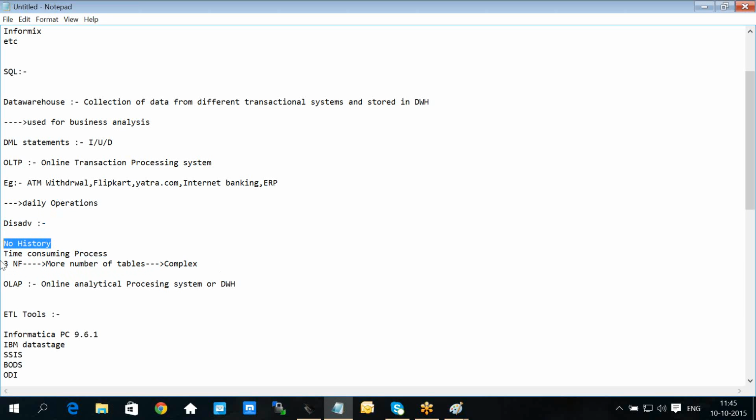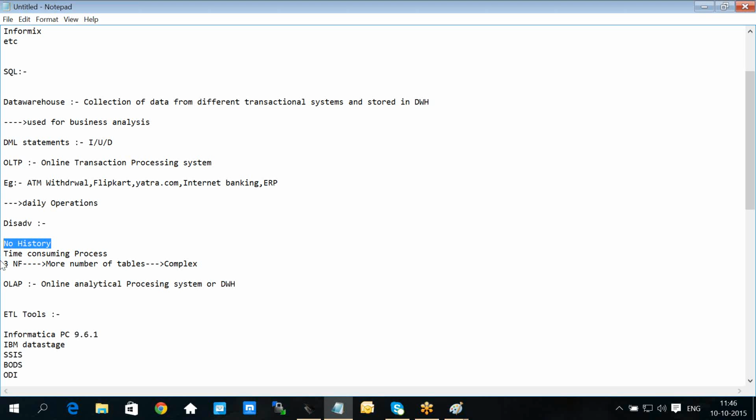When you want to understand the growth of the business, you require historical data. What is the 2014 revenue? What is the 2015 revenue? If I want to see the progress, how it is going on, historical data is required for that analysis. That is the reason we say OLTP is disadvantageous in nature compared to the other.